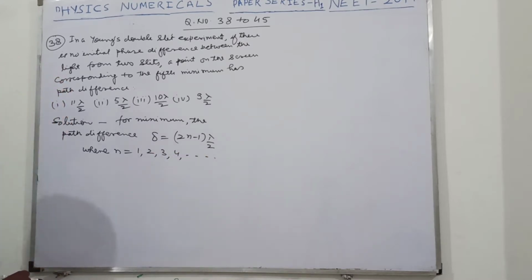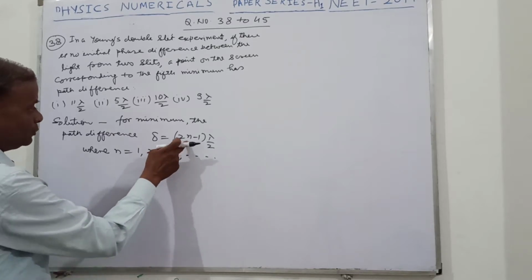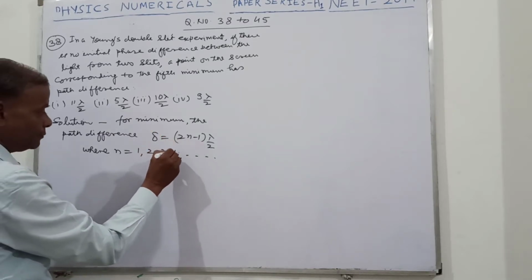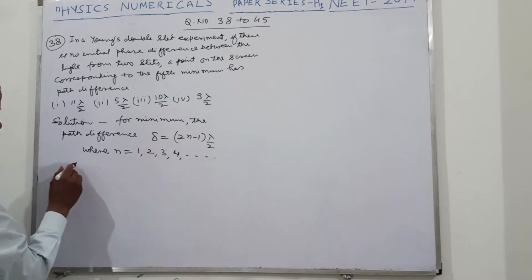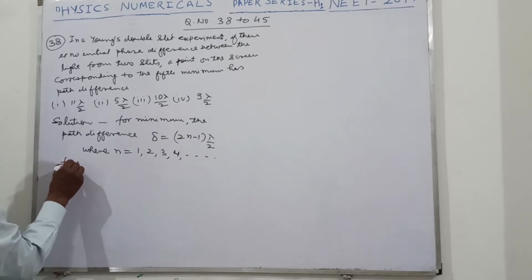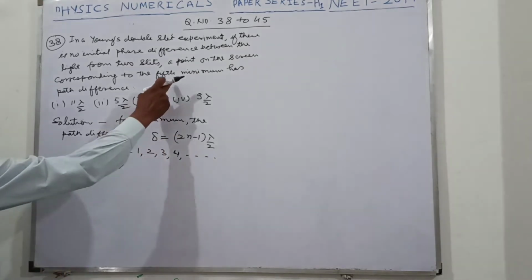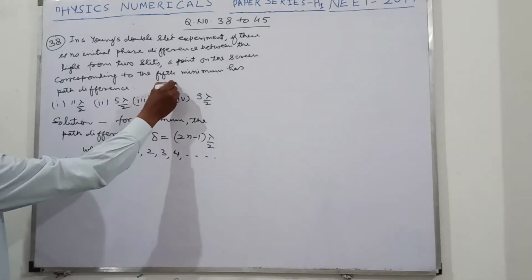So it is asking the fifth, so we will keep n equal to 5. For n equal to 5, this is giving the fifth minimum.